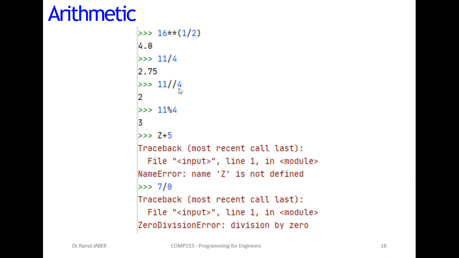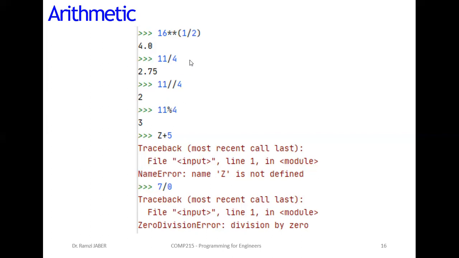Okay, so now the main difference between division in Python and division in C, C++: in C and C++, integer over integer gives you integer. Integer over float, float over integer, or float over float gives you float in C, C++, Java.